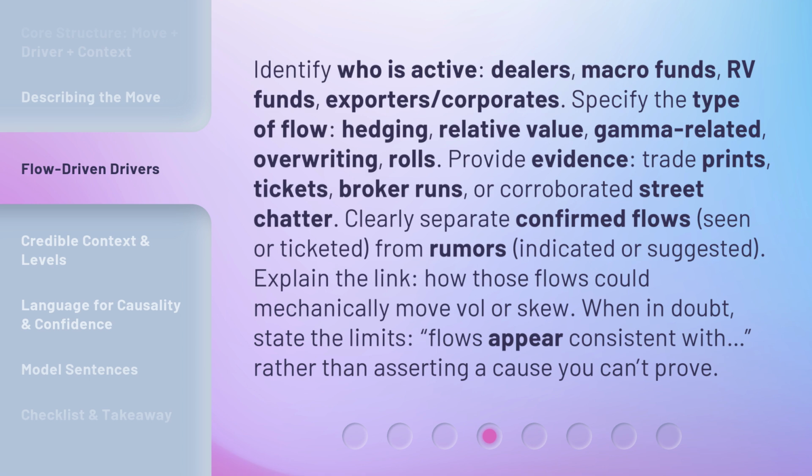Clearly separate confirmed flows, seen or ticketed, from rumors, indicated or suggested. Explain the link, how those flows could mechanically move vol or skew. When in doubt, state the limits. Flows appear consistent with, rather than asserting a cause you can't prove.